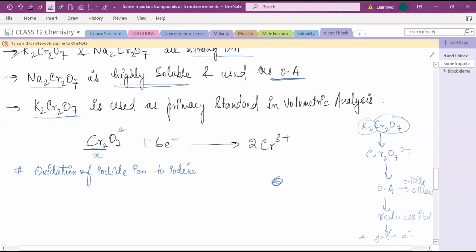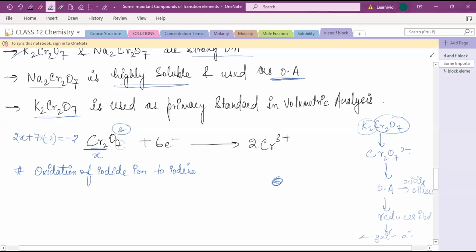How many atoms are there? Two atoms of chromium. So you will write 2X plus, how many atoms of oxygen? 7. And the oxidation state of oxygen is -2, which equals the total charge on this ion. What is the total charge on this ion? 2-, so -2 charge.